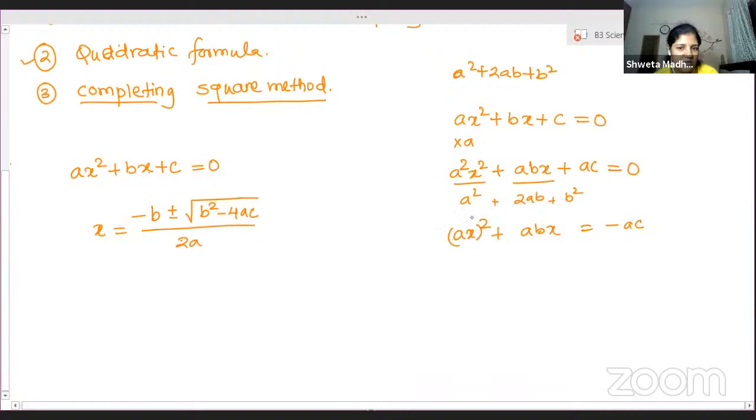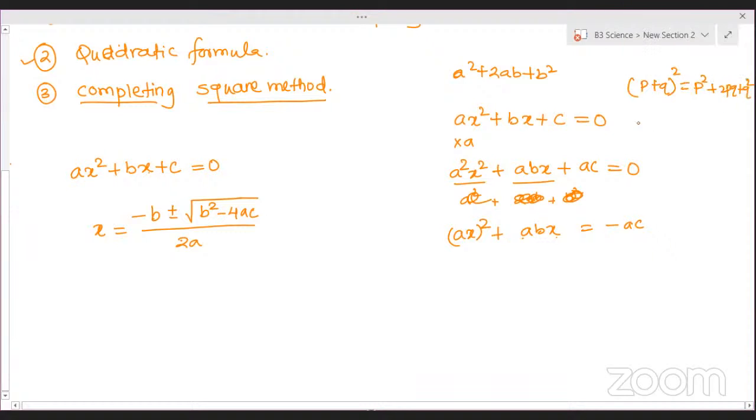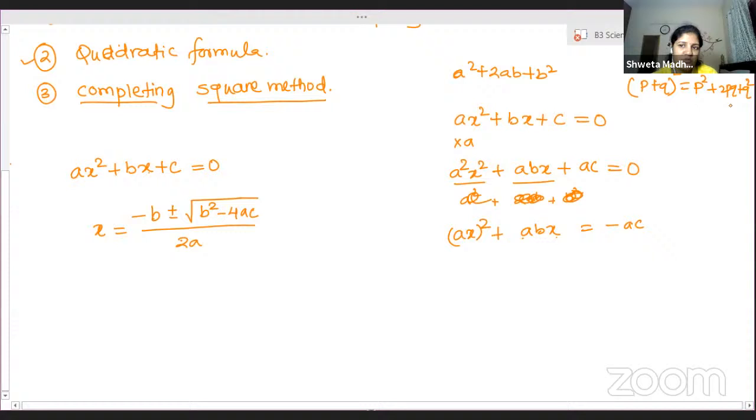Now a square x square is ax whole square. Then, instead of this, we will take other variables, then it will be more clear. We'll take p and q. p plus q whole square is equal to p square plus 2pq plus q square, right? Yes, ma'am. We have to write this equation in this form, so we can use this property.